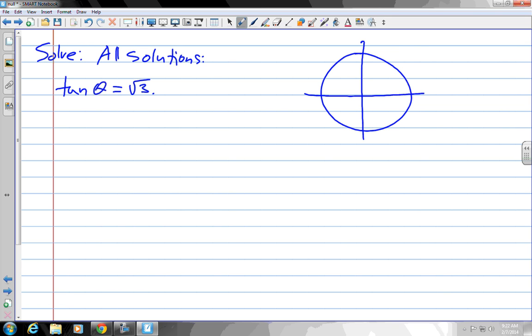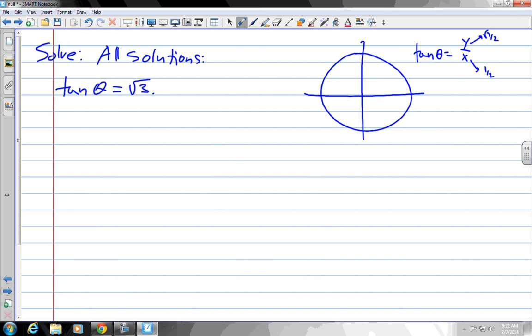So we know that tangent theta is y over x, right? So in order for us to get the square root of 3 out of that ratio, and if I know my unit circle very well, the only way to get that is if the y value is square root of 3 over 2 and the x value is 1/2. Because the ratio of those two will be square root of 3, right?